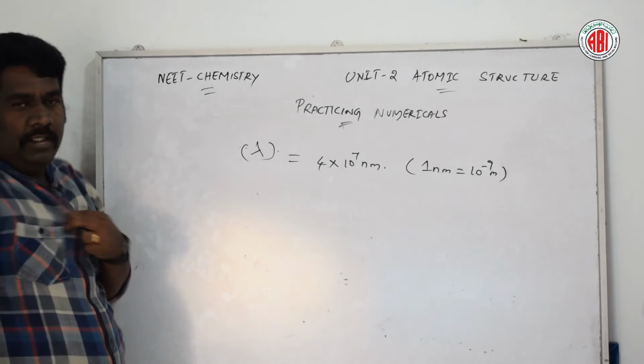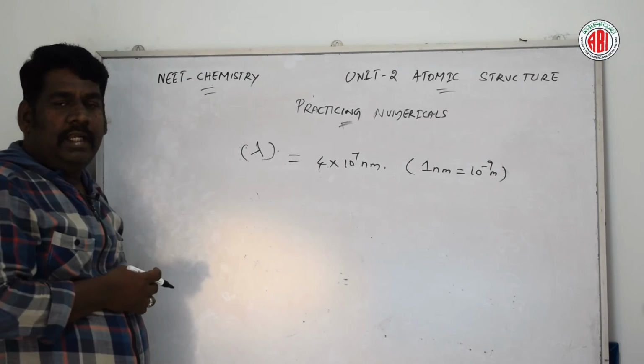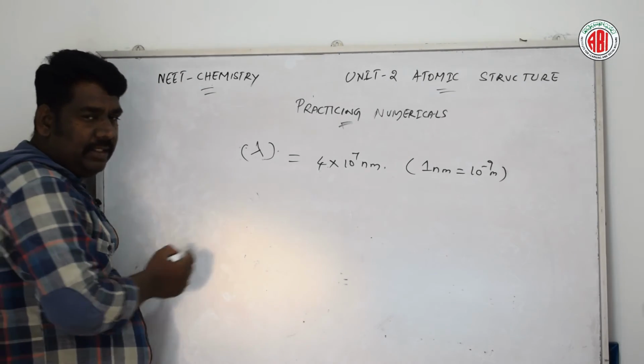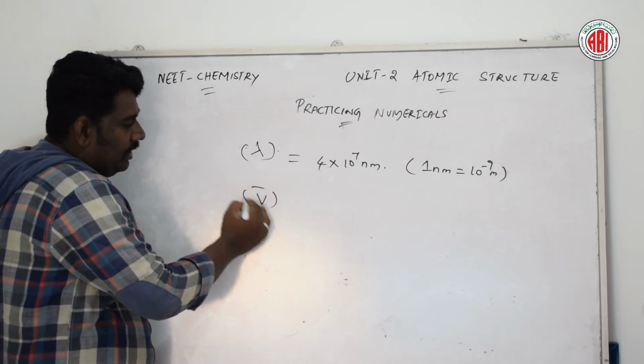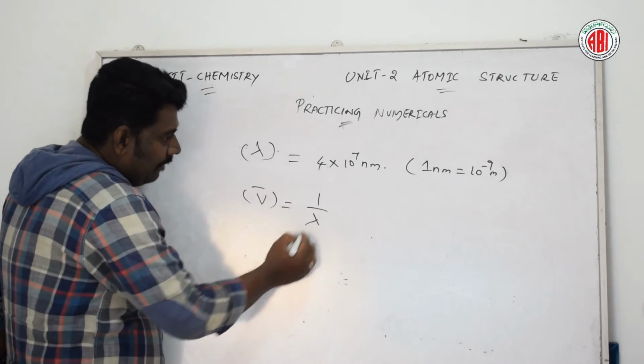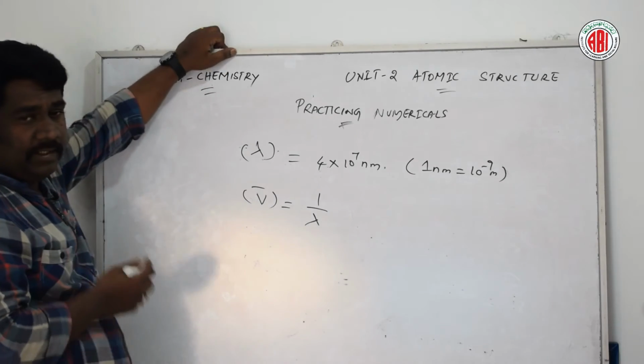Now let us find out the wave number. Wave number is nothing but V bar. We have the formula 1 by lambda.